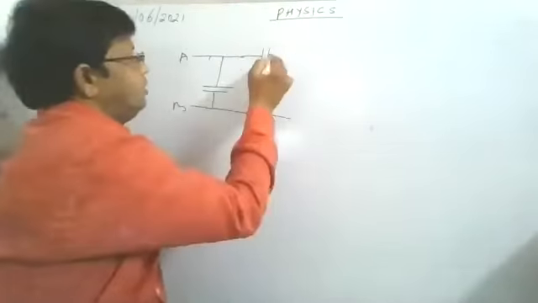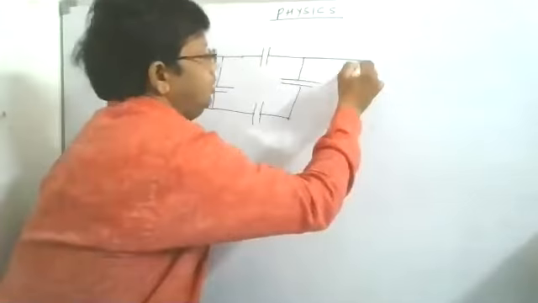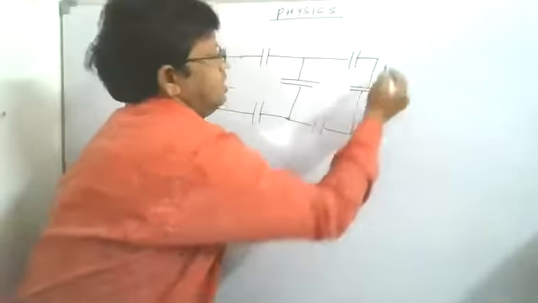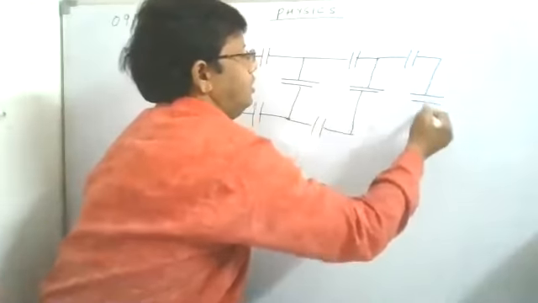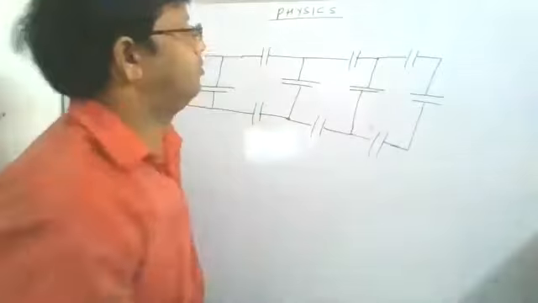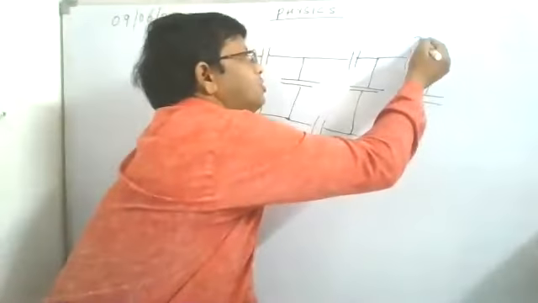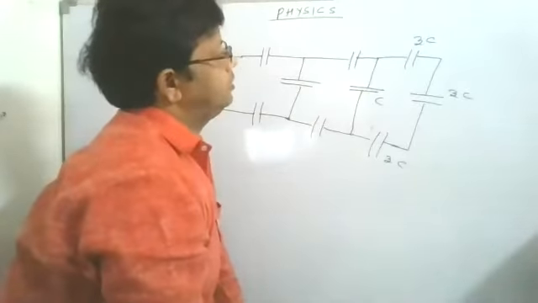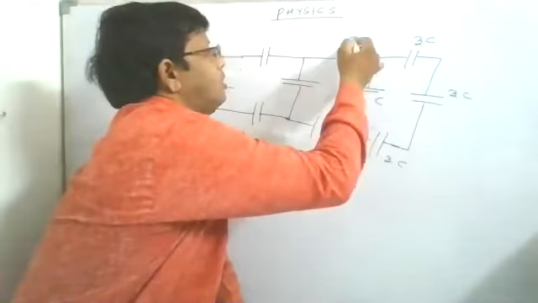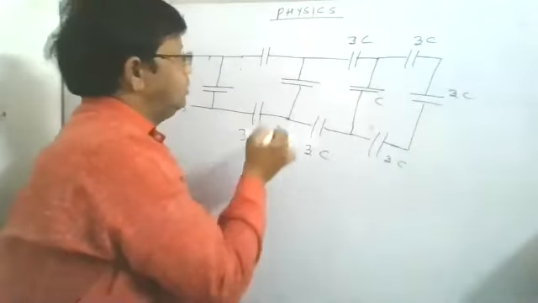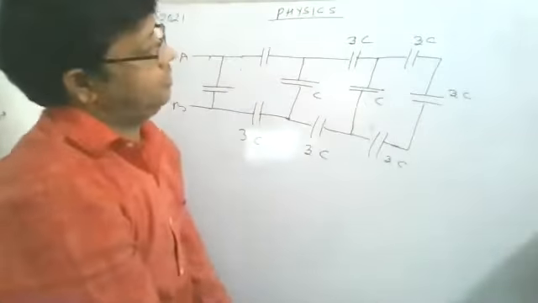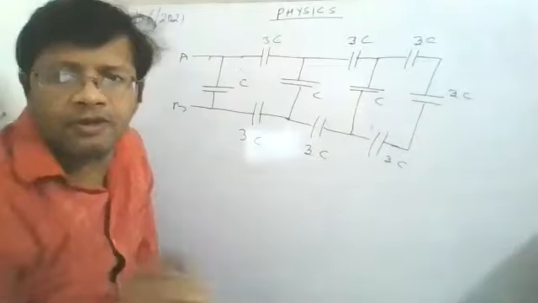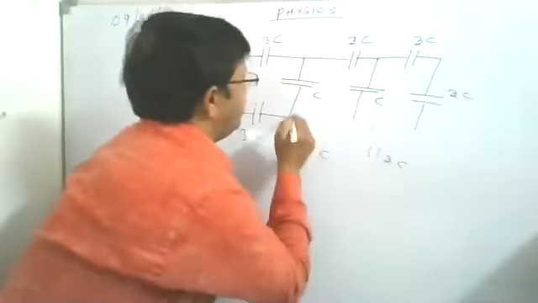This is point A, this is B. If each capacitor has capacitance C, here this is 3C, this is 3C, this is 3C, this is C, okay? 3C, 3C, 3C, C, 3C, C. Find the equivalent capacitance across point A and B.